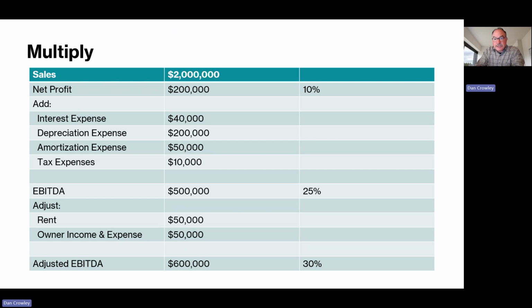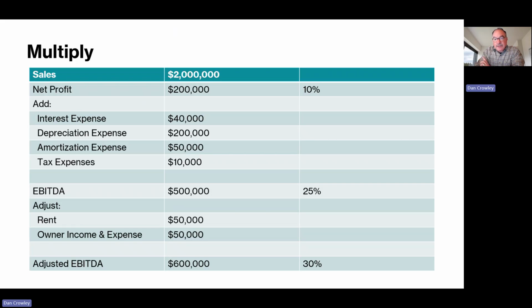I've done some leasehold improvements recently, and I'm going to expense them over 5 years, not take it all in 1 year. So I need to add back that leasehold improvement amortization expense. And then I may have some additional tax expenses, not corporate tax, that would be added back in as well. So you can see that the net profit moves to an EBITDA of $500,000. So from 200 to $500,000.